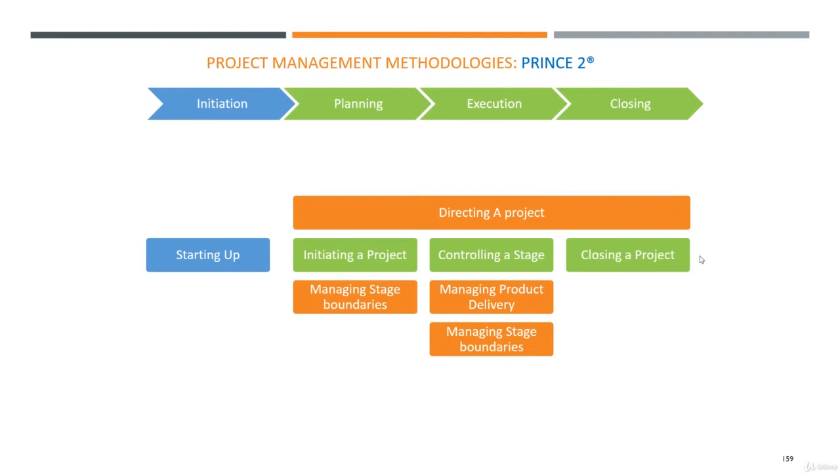Then initiating the project, and this is where it gets a little bit confusing, is for them initiating a project is planning for my method and for PMP. So it's not here. The execution is called controlling a stage, and this is what is really specific with Prince 2, is that they allow for several stages to be part of a project.